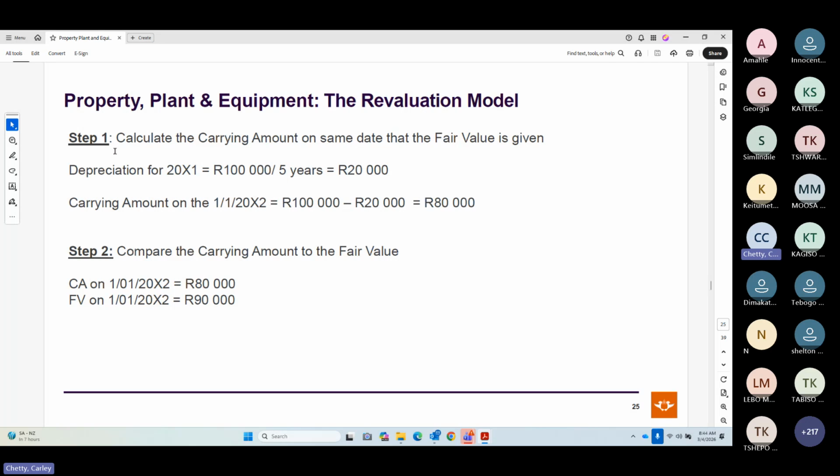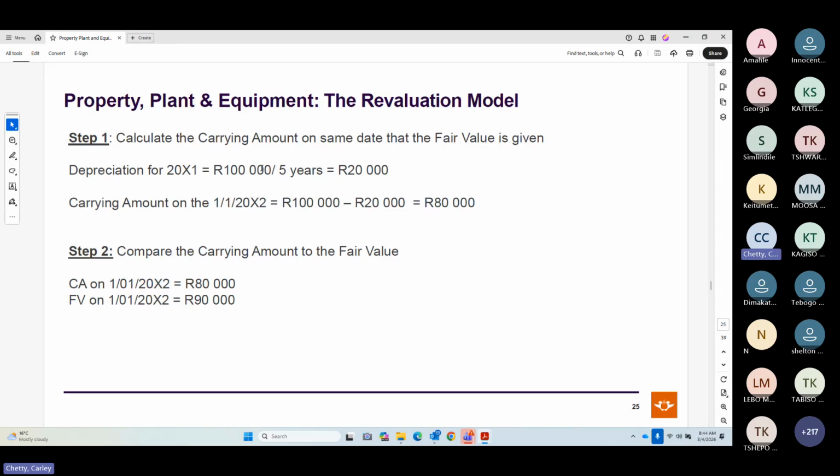Remember, the first step was to calculate the carrying amount on the same date as the fair value. So we need to depreciate the asset for 1 year for 20X1, and the fair value was given on 1 Jan 20X2.